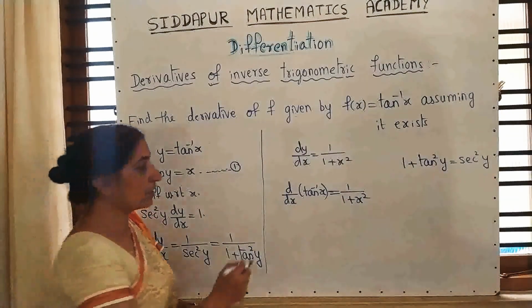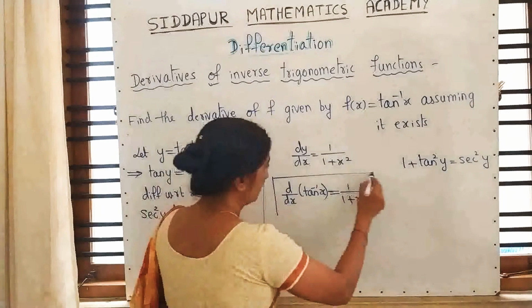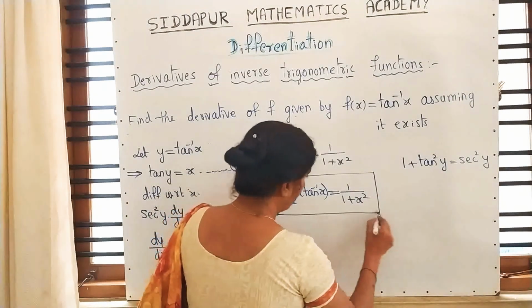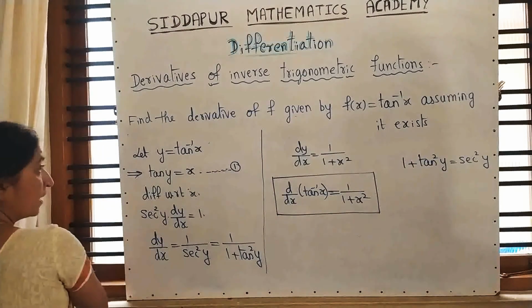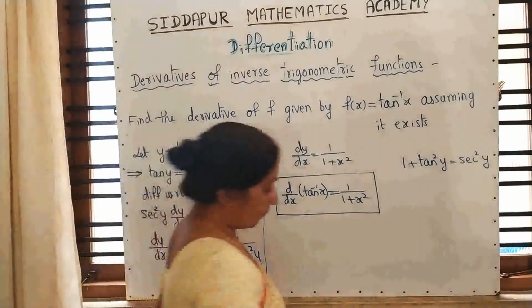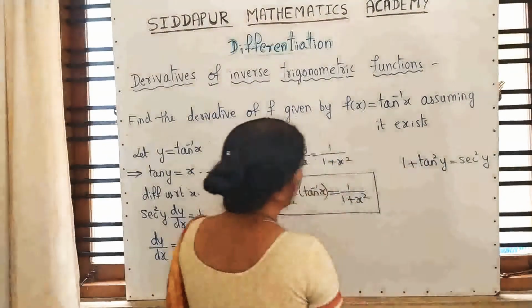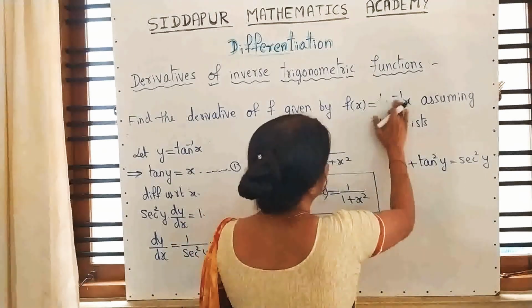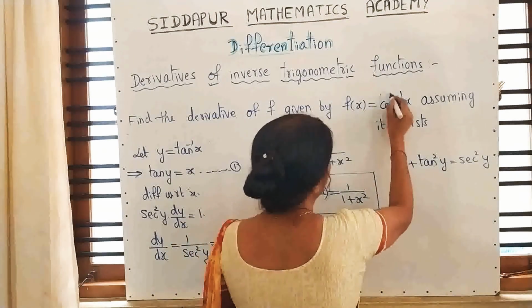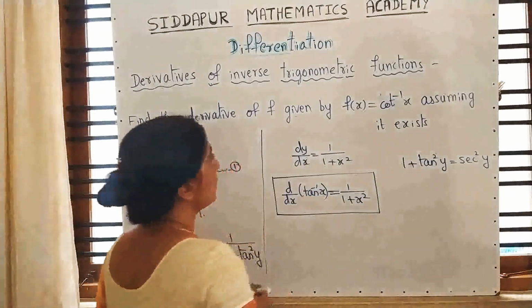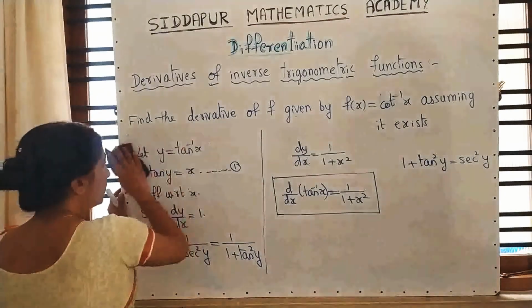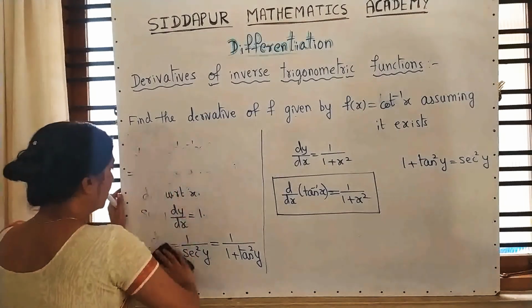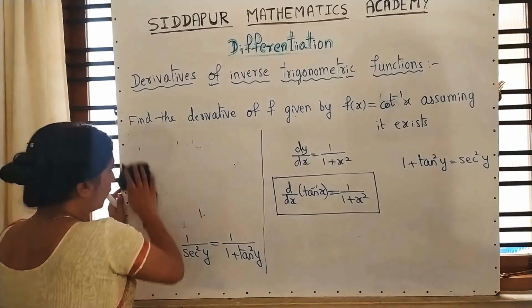Have you got the third formula or what? Third formula. Now write the fourth one. Find the derivative of f of x is equal to cot inverse x, assuming it exists. So now we will move to the fourth formula derivation.